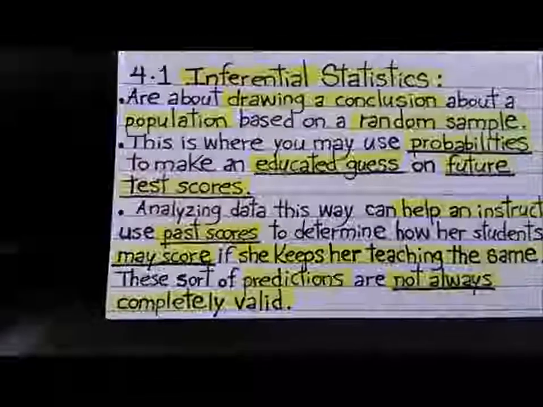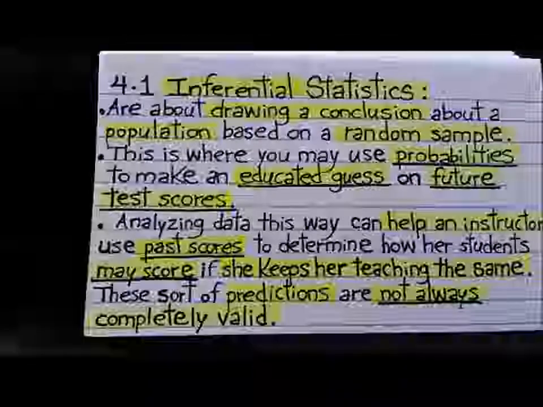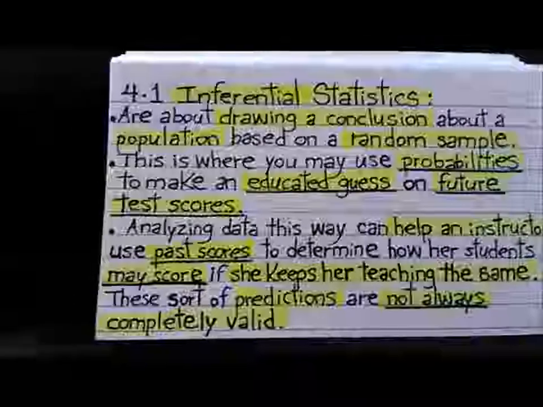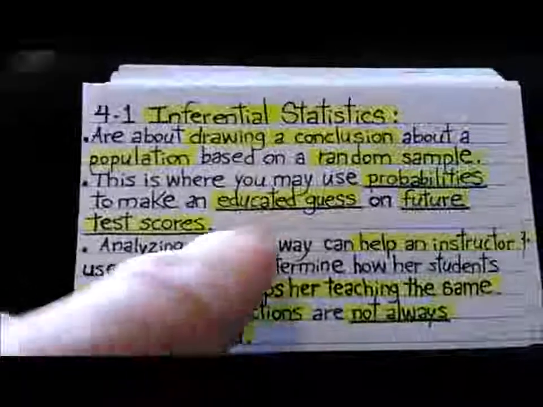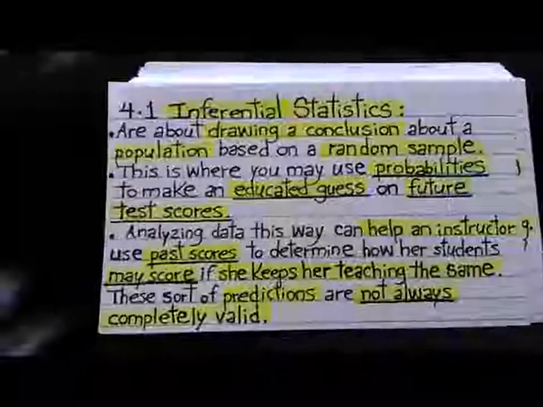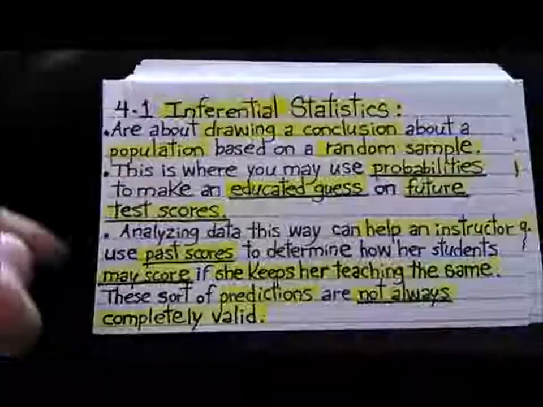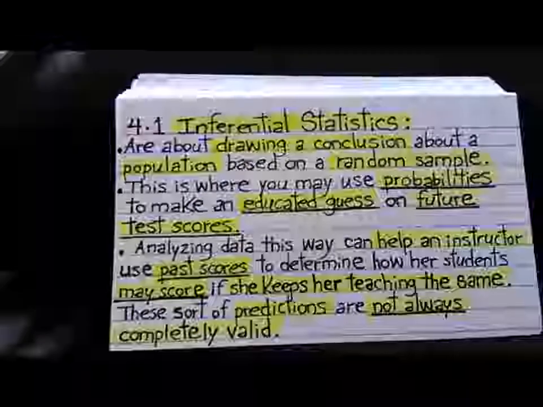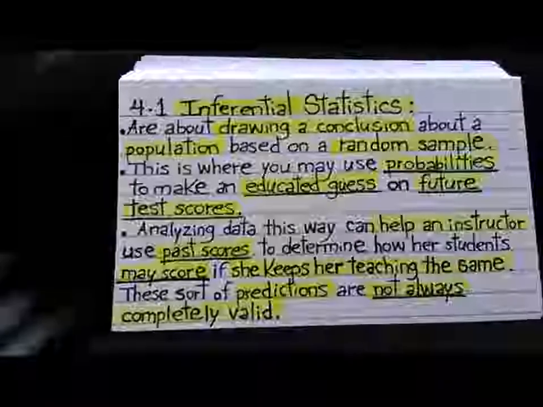Inferential statistics. They are about drawing a conclusion about a population based on a random sample. This is where you may use probabilities to make an educated guess on future test scores. Analyzing data this way can help an instructor use past scores to determine how her students may score if she keeps her teaching the same.